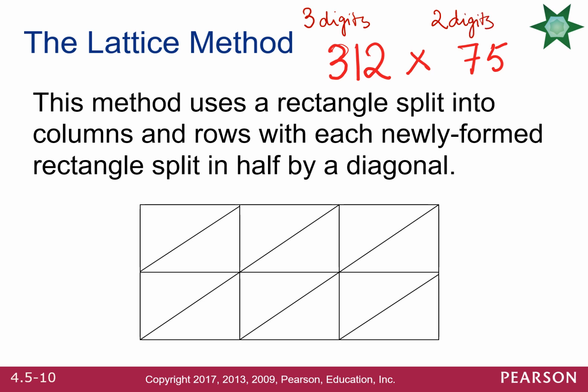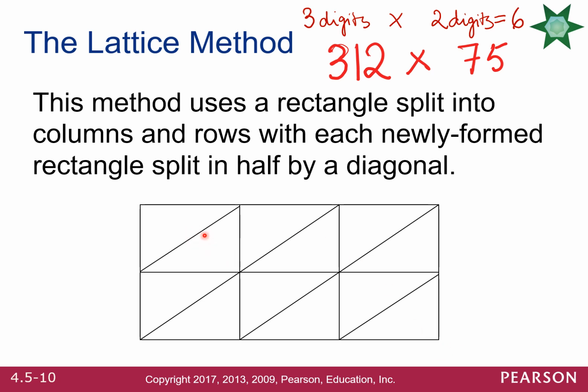So 3 times 2 is 6. We will have our rectangle divided into 6 cells, with 3 columns and 2 rows.